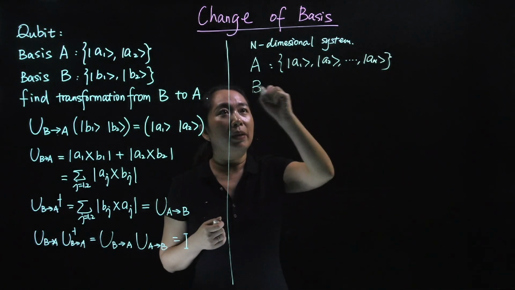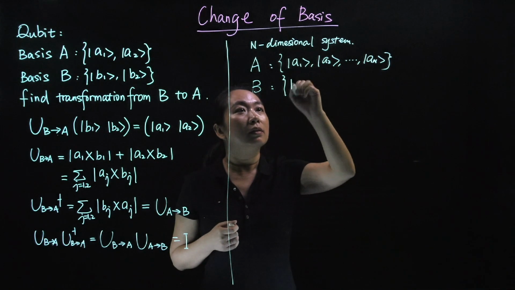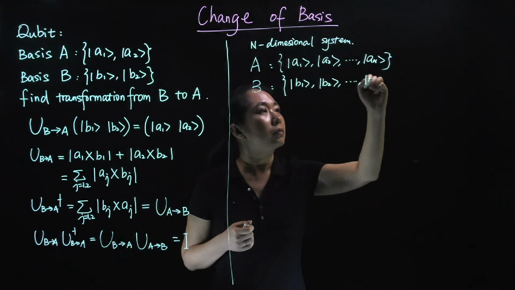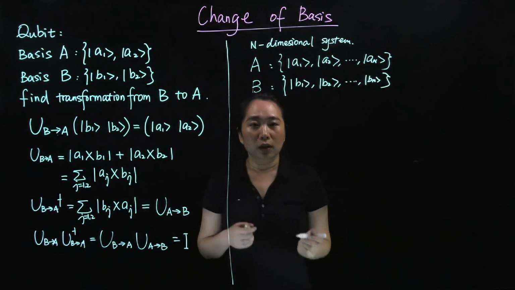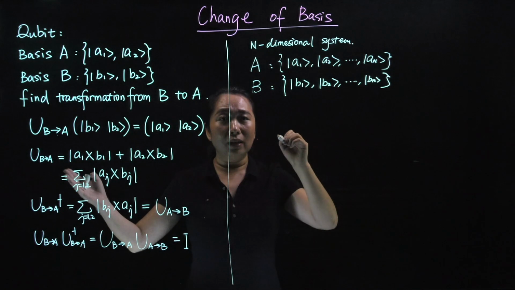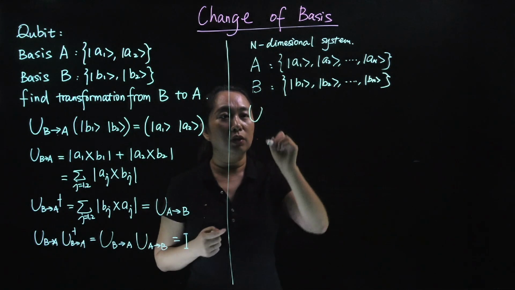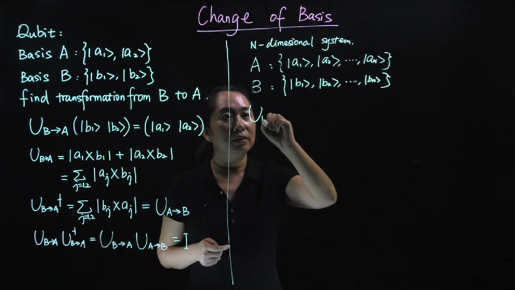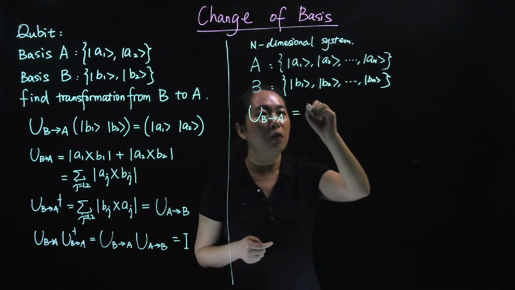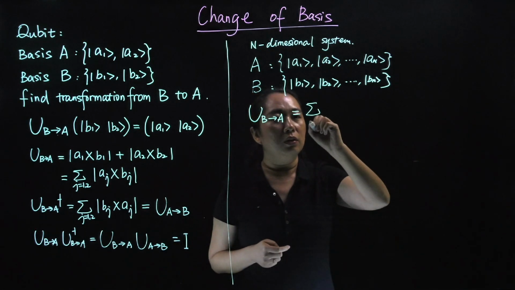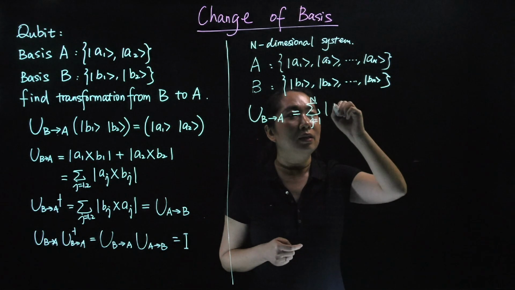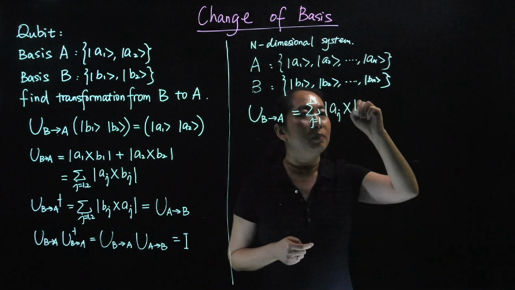There's another basis B, denoted by B1, B2, and Bn. The basis change operators would work exactly the same as in a qubit system. So if we have the unitary operator that changes the basis state from the B basis to the A basis, it should be in the form of the summation of index j goes from 1 to n, the kets A and the bras B.